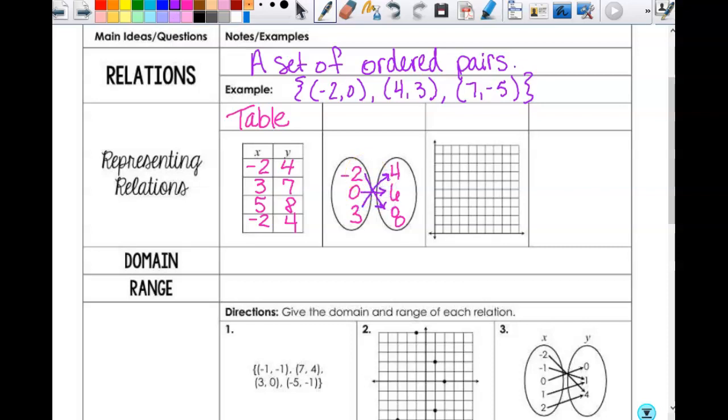Can anybody tell me what that type of representation is called? No. And it's okay. I'm not going to quiz you on vocabulary, but it is important to be able to recognize it when you hear it or see it, so that when it tells you to do something and uses that word, you know what they're talking about, right? Well, here what's happening is negative two maps to... So this is the mapping representation.